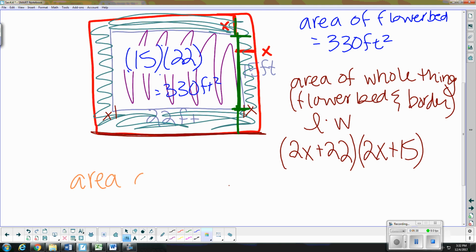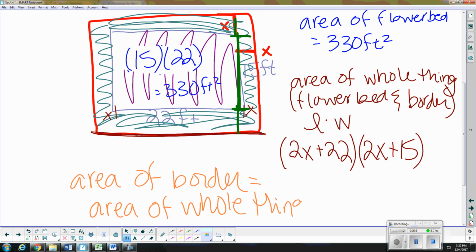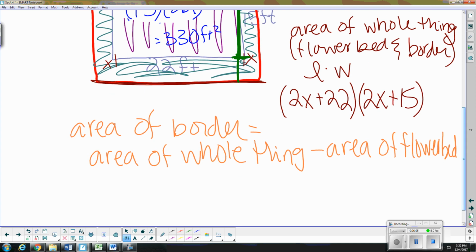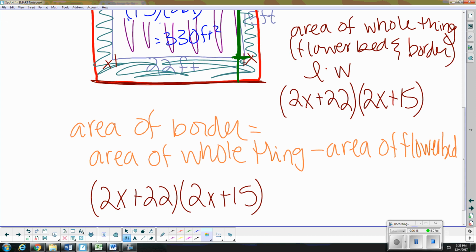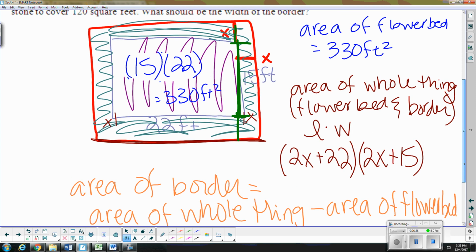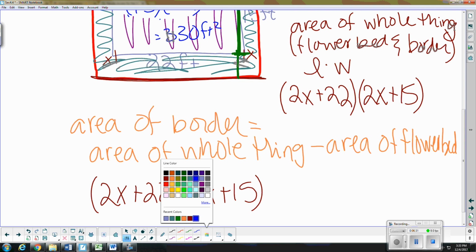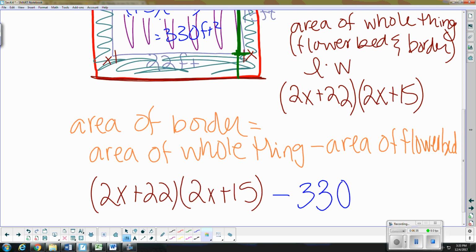So my area of the border equals the area of the whole thing, which is 2x plus 22 times 2x plus 15, and then I'm going to subtract my area of the flower bed, which is 330. And that's going to give me my area just of the border.